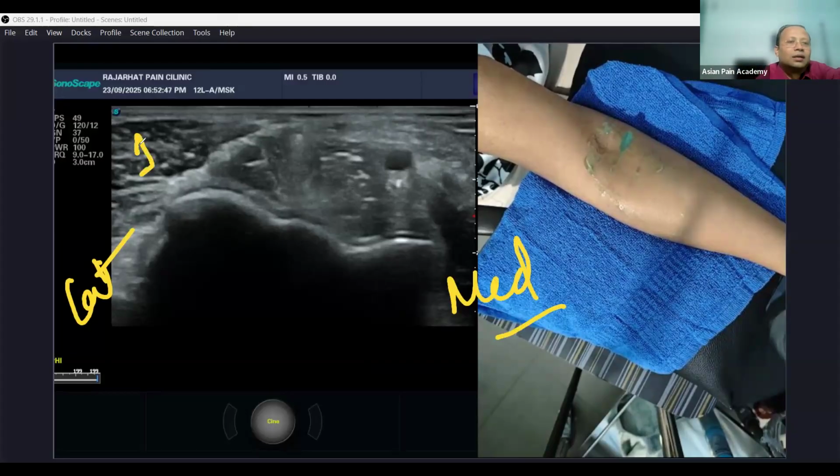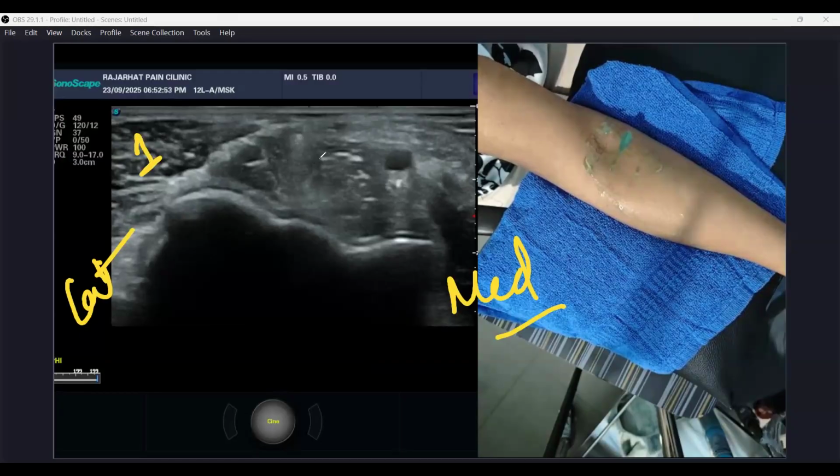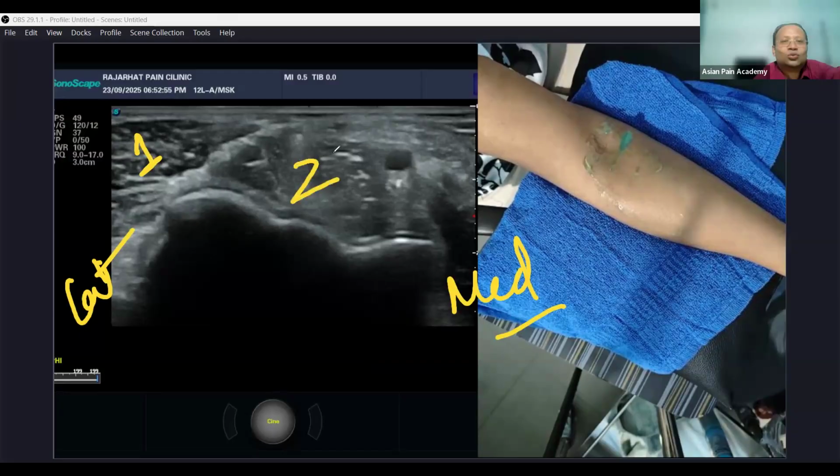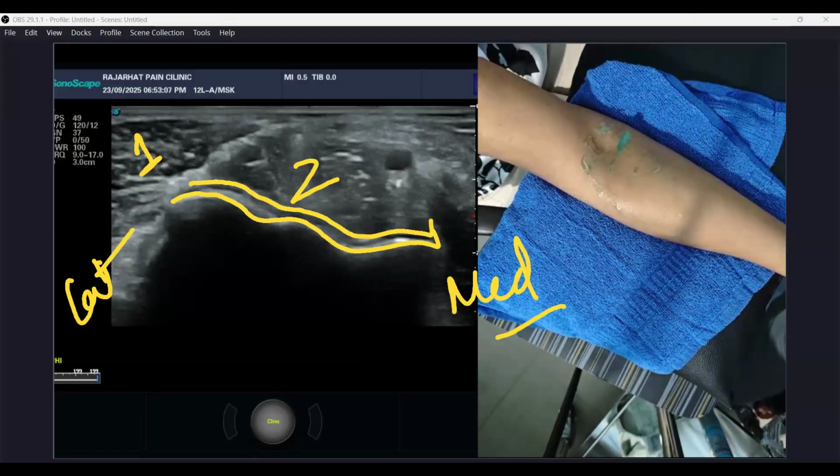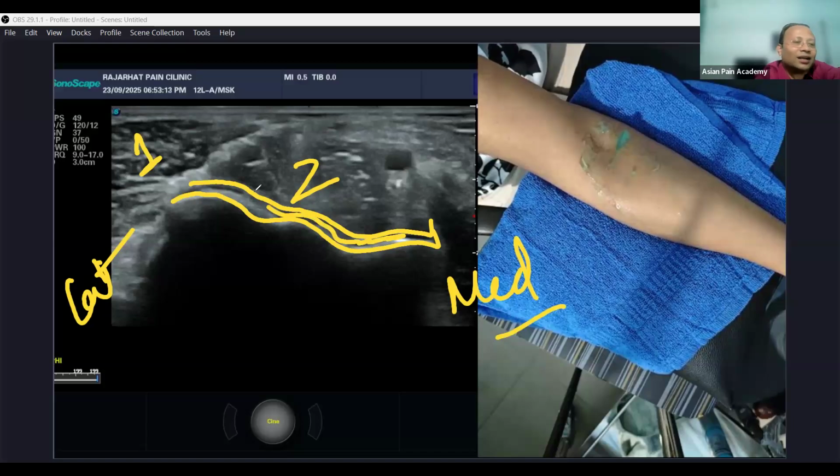Number 1, which muscle is this? Anyone? Brachioradialis. Okay. Number 2. Brachialis. Now, this black line, what is this black line? Articular cartilage. Yes, this is articular cartilage.